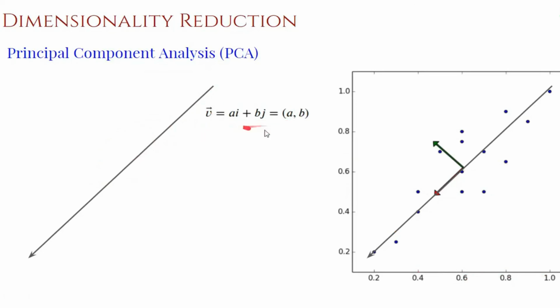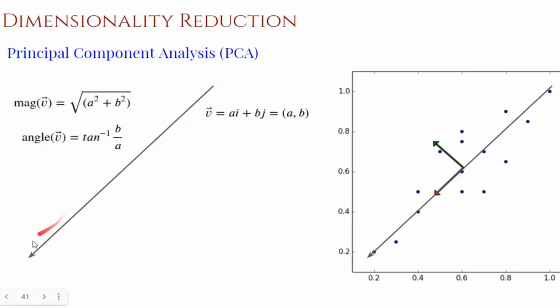So we mathematically represent it. How do we find the magnitude and the direction, or we can also call it the angle? Magnitude is estimated as the square root of a square plus b square. This is called the magnitude of the vector. You can even think of it as the length of the vector.